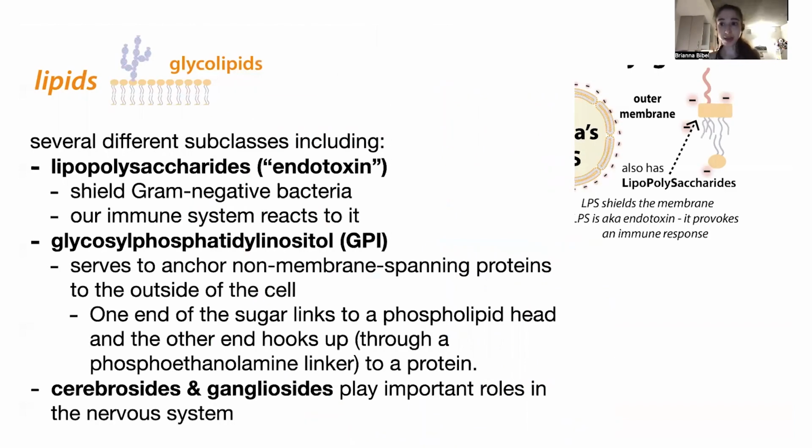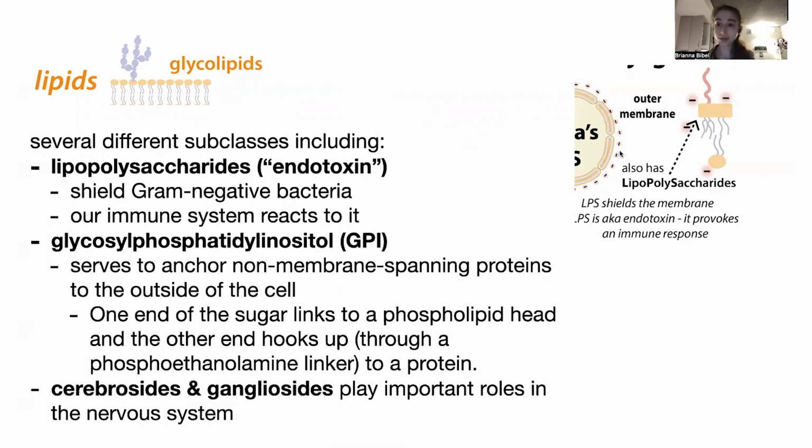Okay, so another group of glycoconjugates that bacteria have that's really important are glycolipids. So glycolipids: lipids, like the membranes of cells, and glyco, that's the sugar part. You might have heard of endotoxin, that's LPS, lipopolysaccharides, and this is a glycolipid that bacteria have.